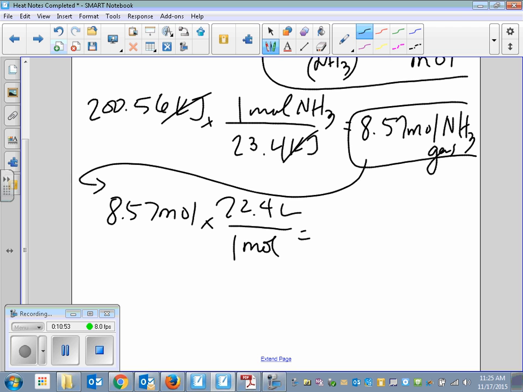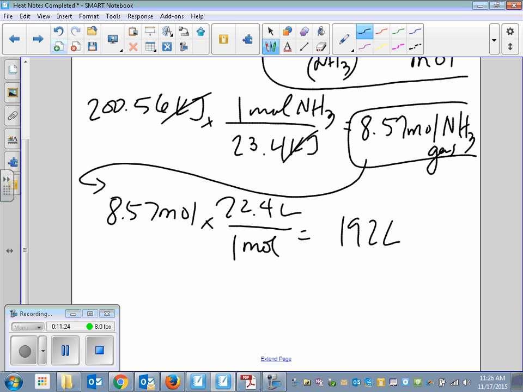On this paper, it says 35.5. Yeah. Oh, it's 191.98 liters. Is that the question? Hold on. Where do you see 35? Oh, answers.